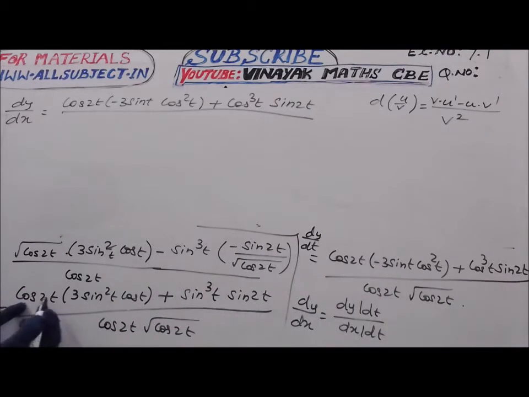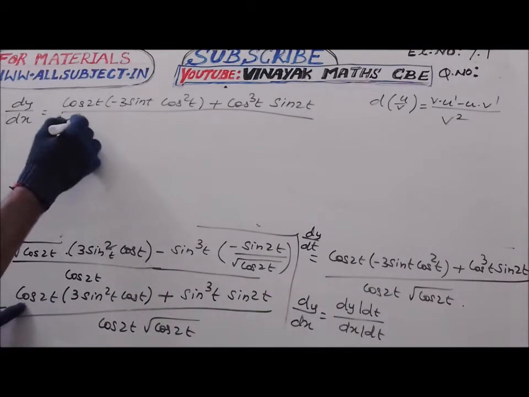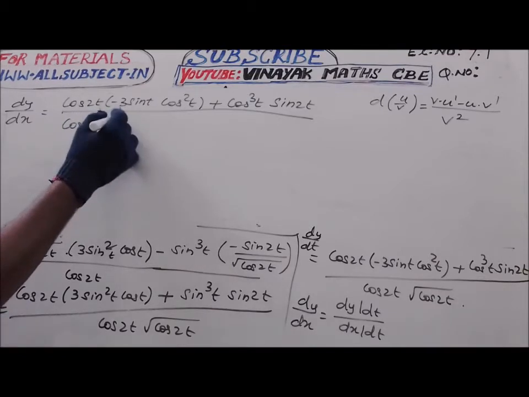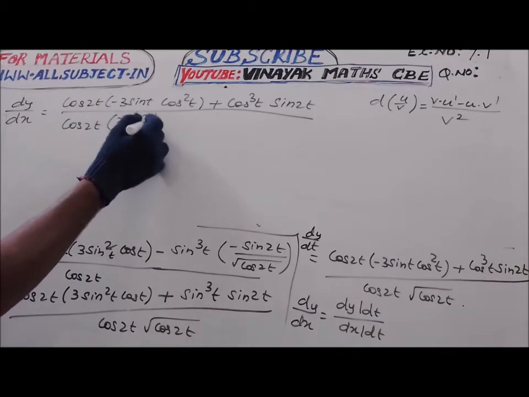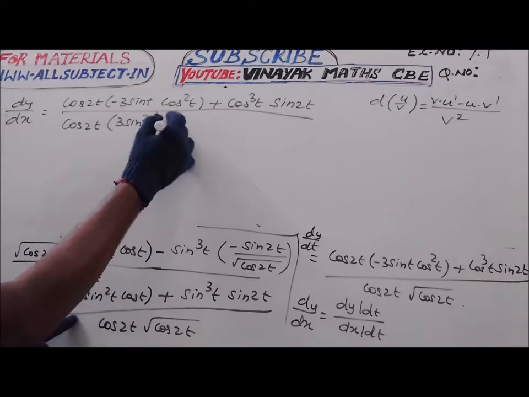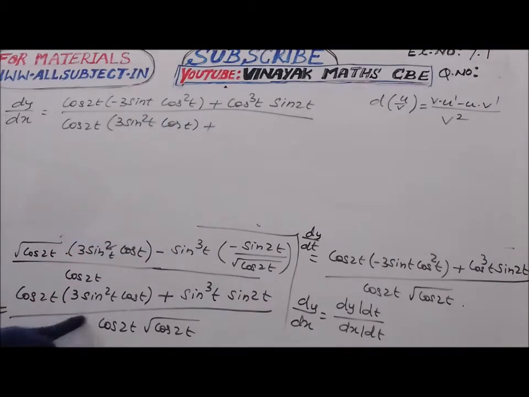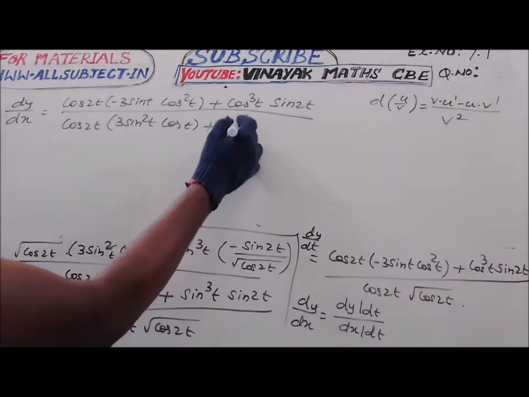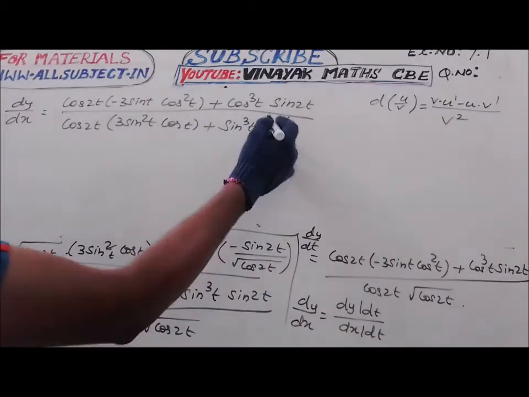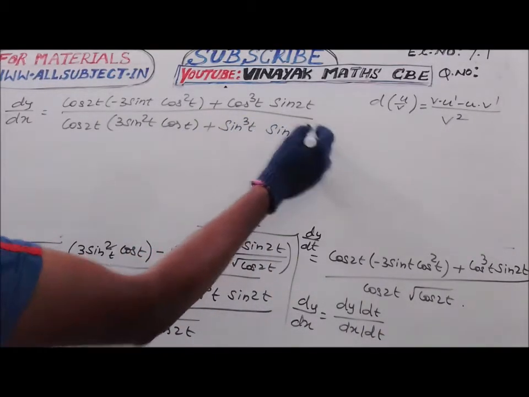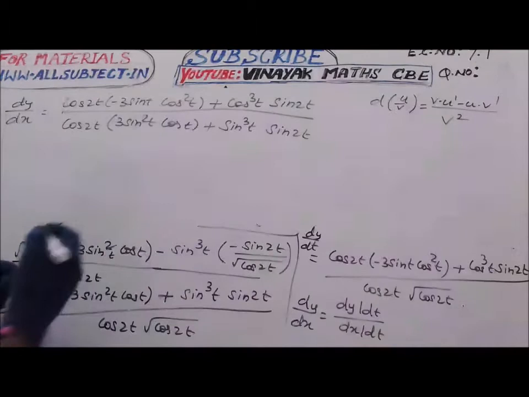The denominator gets cancelled. Remaining in the numerator is cos 2t into 3 sin square t cos t plus sin cube t into sin 2t.